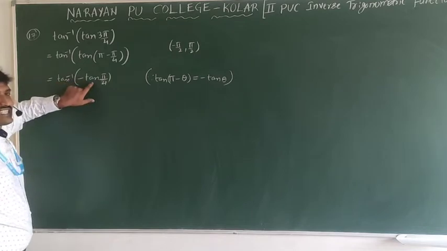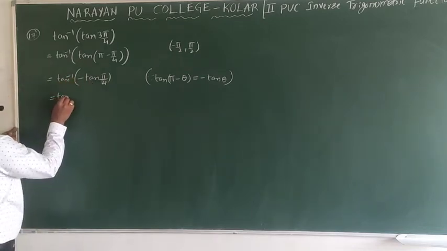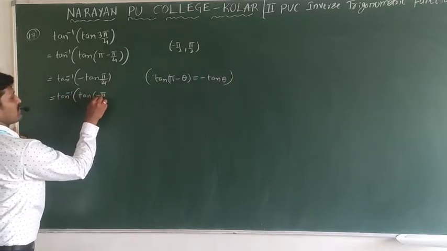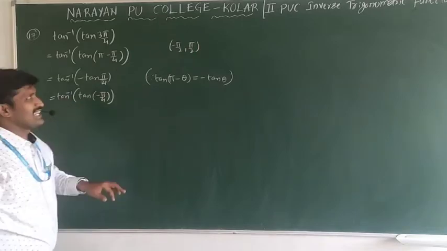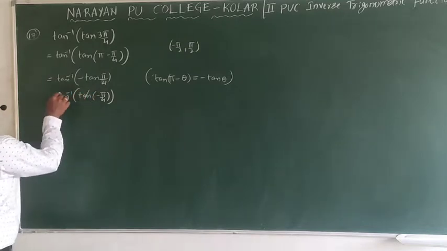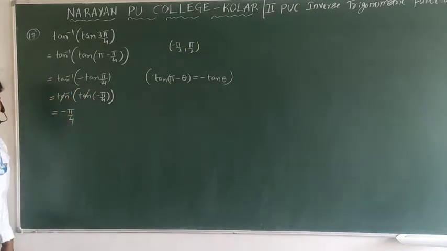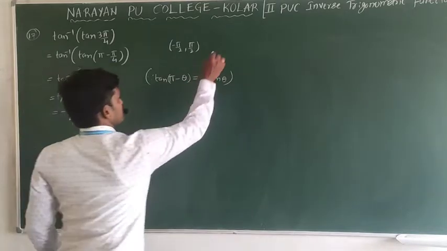Again minus tan theta, we can write as tan of minus theta. So here tan inverse of tan of minus pi by 4. Now minus pi by 4 is clearly in the range. That's why you can cancel out tan and tan inverse. What is the value we got? Minus pi by 4.